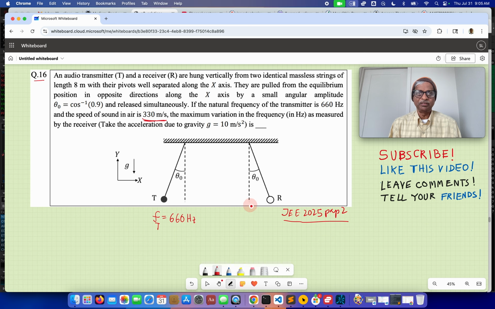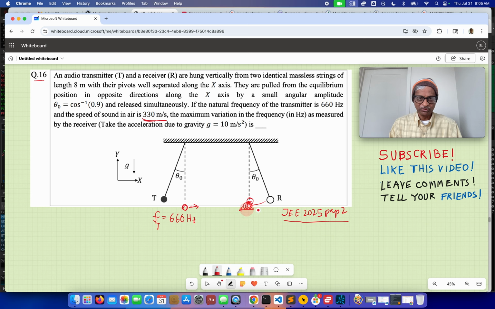So think about what will happen when they come together. They're going towards each other. That will be the highest frequency that the receiver will get. There's a situation where this one comes down below, and at the same time this one is going this way.